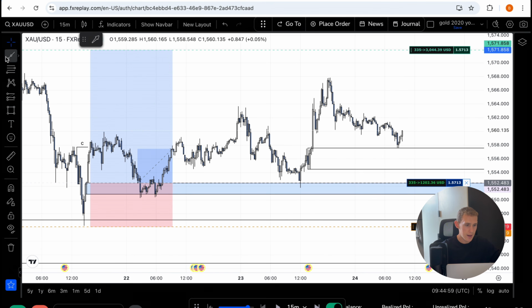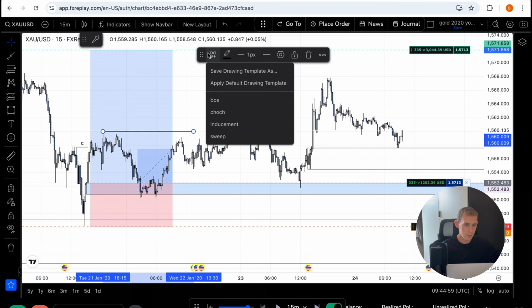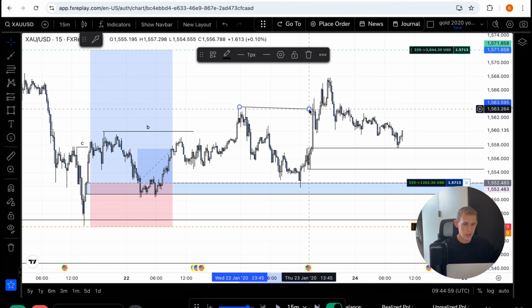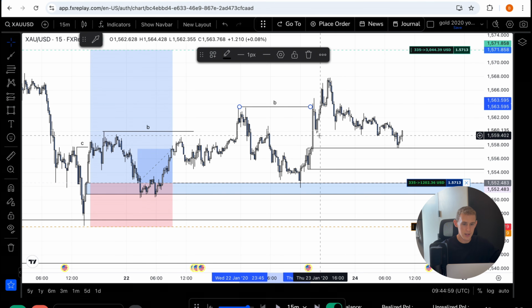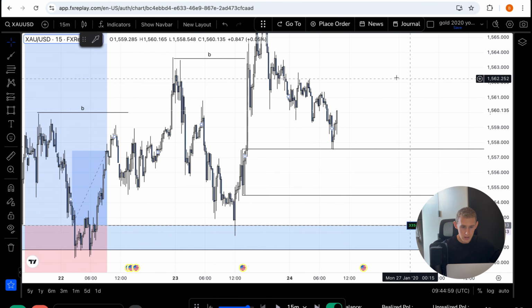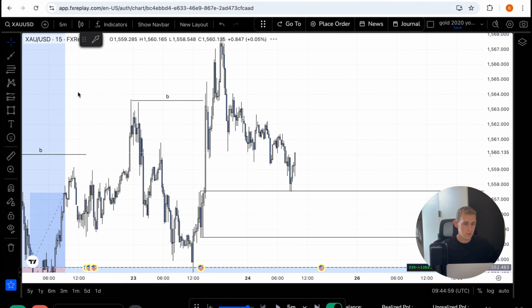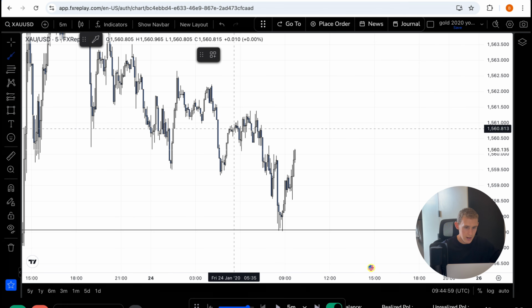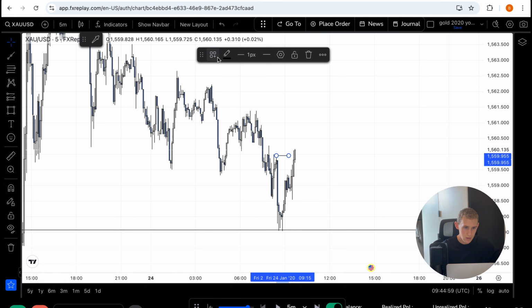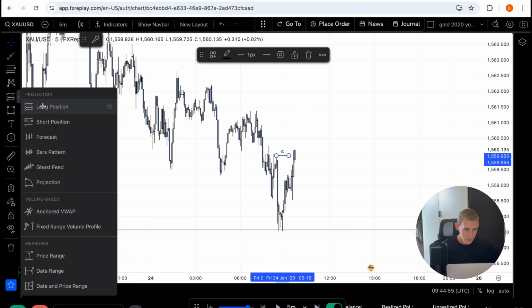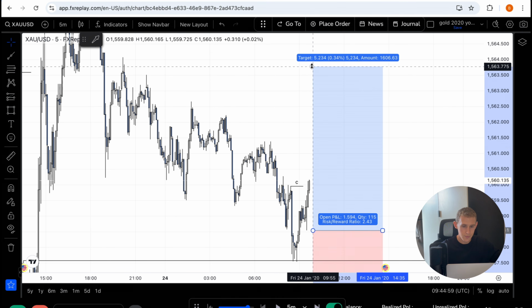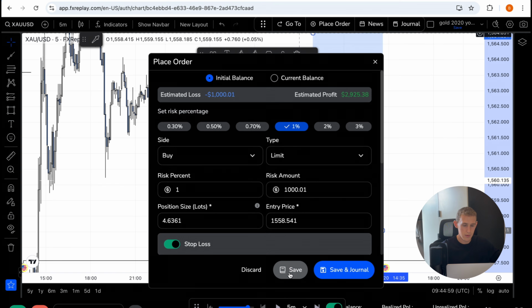Reason for this, if we're just following the structure here, break of structure, pull back, break of structure, pull back into the demand, sweep of the previous liquidity. We've had our change of character. Nice. Entry on this one, just below this last bit of liquidity before the imbalance. See how this goes.